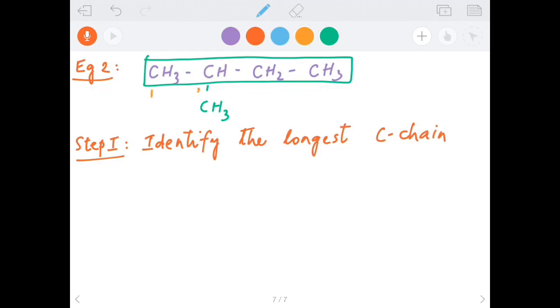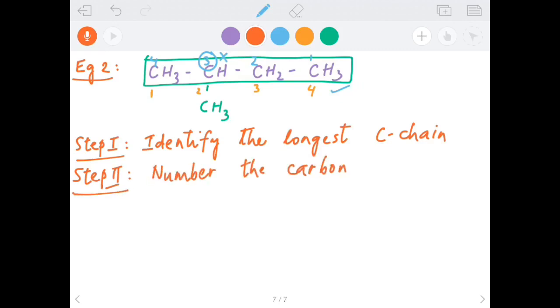Since both have the same number of carbon atoms, you can choose any one to be the parent chain, and I'm going to number it such that the methyl group, which is outside the chain, gets the smallest number, which comes in step 2. So if you look at the orange way of numbering it, you're going to get that right. Now let us name the compound.